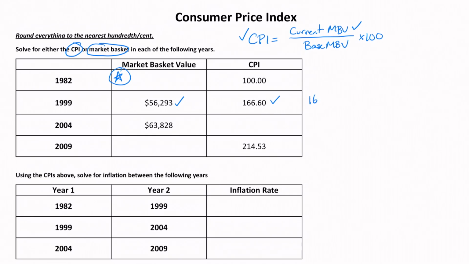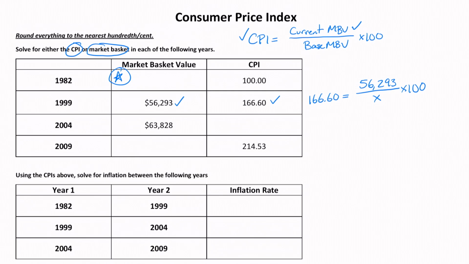So we know that 166.60 is equal to the current market basket value of 56,293 divided by whatever it was in 1982, right? And then times 100, and that's going to equal 166.60.